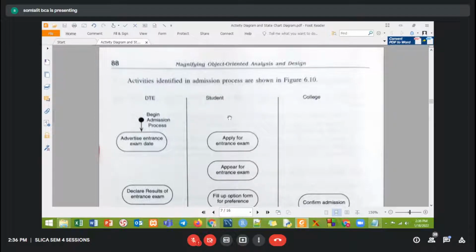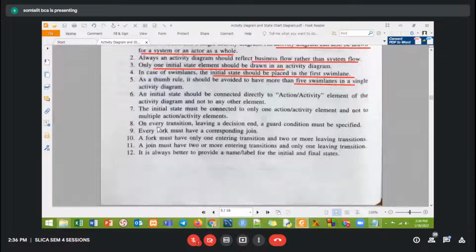Then, on every transition leaving a decision node, a guard condition must be specified. Whenever you are moving from a decision, you need to specify the guard condition in square brackets. This is very important. Every fork must have a corresponding join.